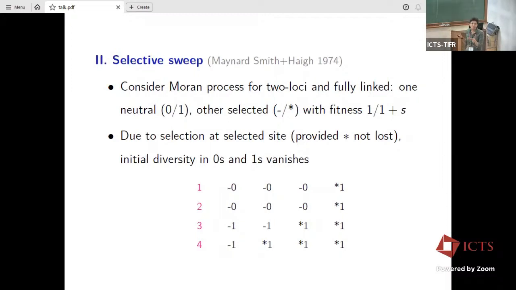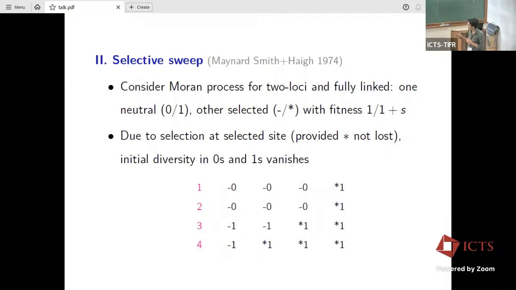So first, let's consider 2 loci, fully linked always. The first locus is neutral, and I'll denote the alleles there by 0 and 1. The second locus is selected, and here I'm denoting the alleles by dash or star. The dash has a fitness 1, and star has a fitness 1 plus s.